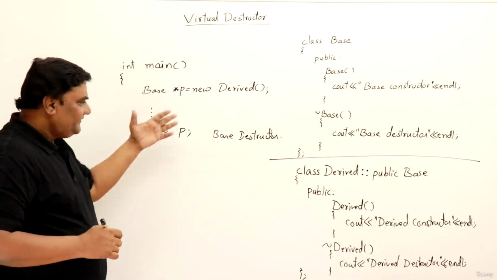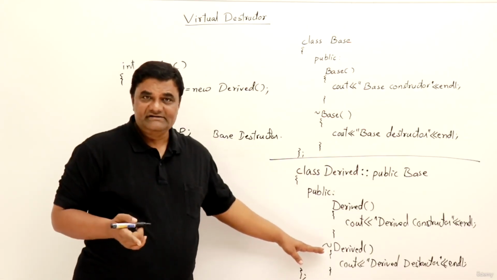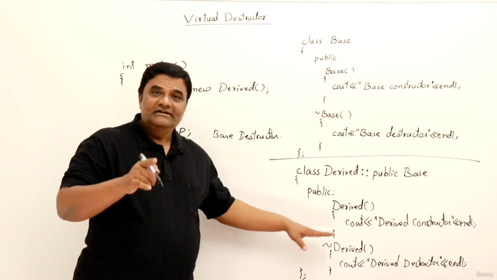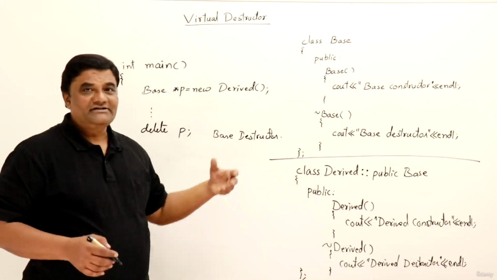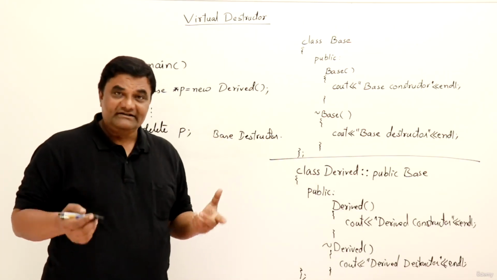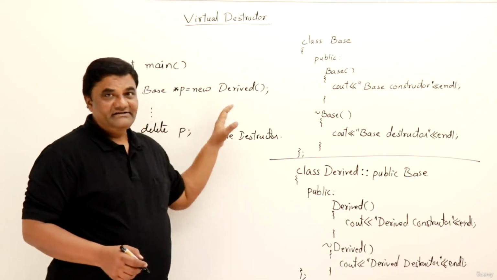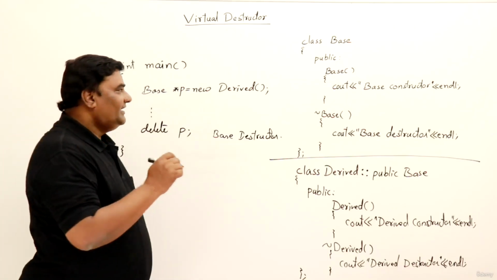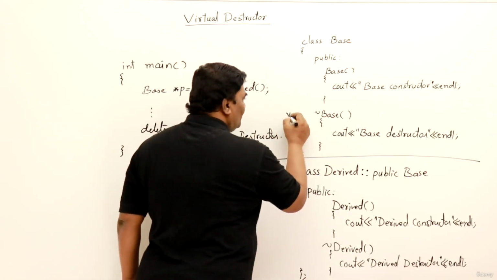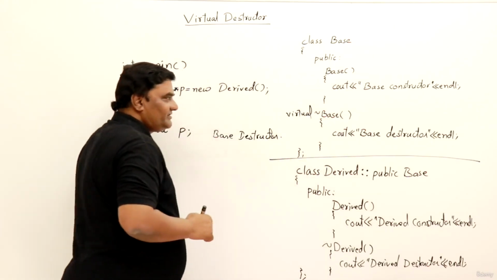But suppose we want the destructor of the derived class to also be called. It should behave normally, that is, the destructor of the derived class, then the destructor of the base class should be called, even if the pointer is base class and the object is derived class. For that we have to write the keyword virtual in front of the base class destructor.